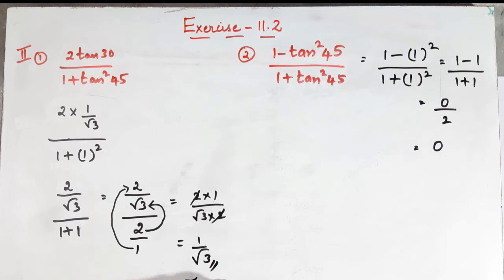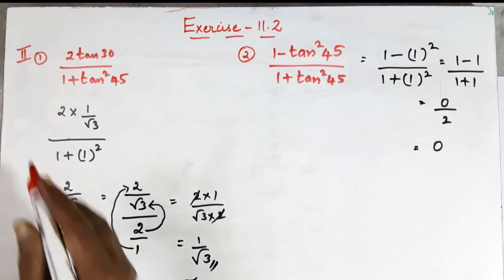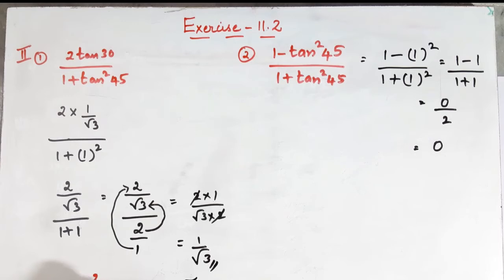Tan 30 value is 1 by root 3. That means you can write the solution for 2 tan 30 by 1 plus tan square 45 as tan 30 degrees. So this is the final solution by observing this.